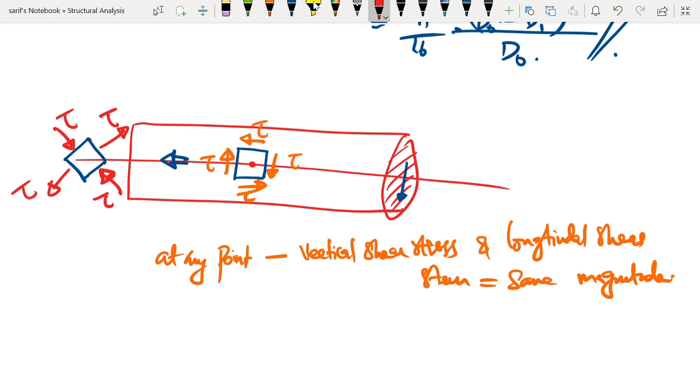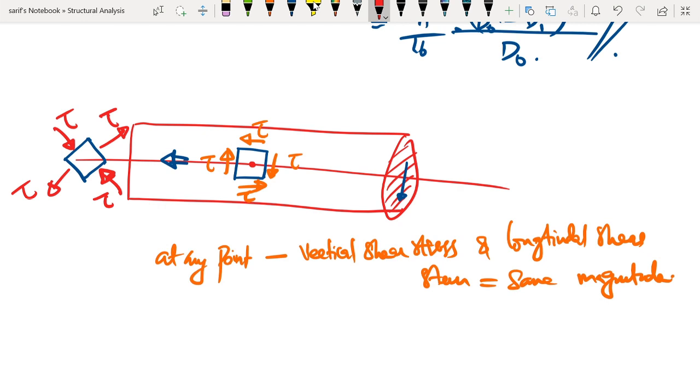So when you have a state of pure shear, it will induce an effect of diagonal tension and diagonal compression at that particular point in the beam. We will try to give more understanding to the idea of diagonal tension and diagonal compression in the coming classes, but for the time being keep this in mind.